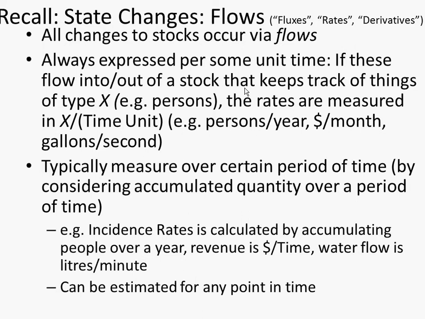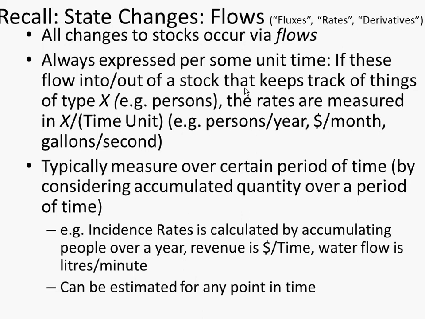So the rate of flow out of your bathtub depends on the amount of water in your bathtub. Right? The rate of flow out of people leaving a hospital emergency room depends on how many people are in the hospital. It may not be a direct, super clear relationship, but if there ain't anyone in the hospital to leave, there's going to be no one leaving it. Okay? So it depends on it.